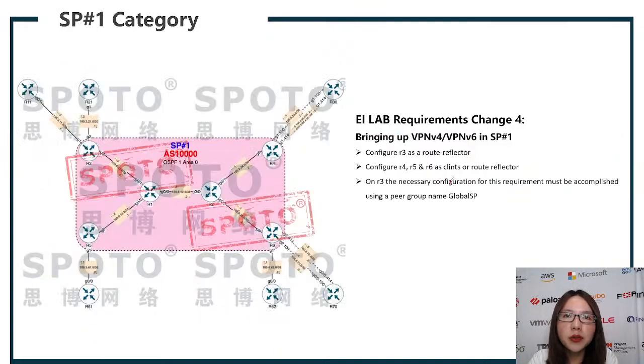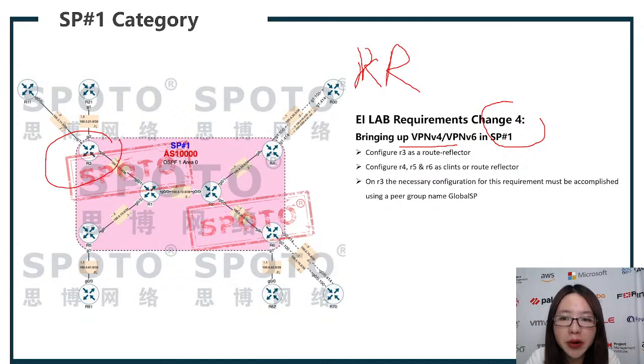So EI Lab requirement change 4 is about bringing up VPNv4 and VPNv6 in SP1. We need to configure the route reflector. First, we should configure router 3 as a route reflector.